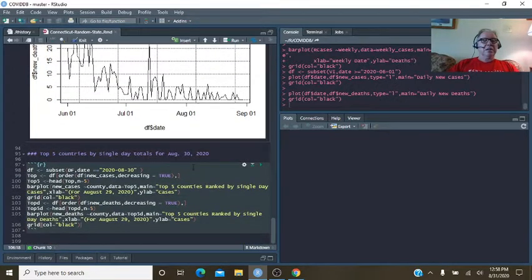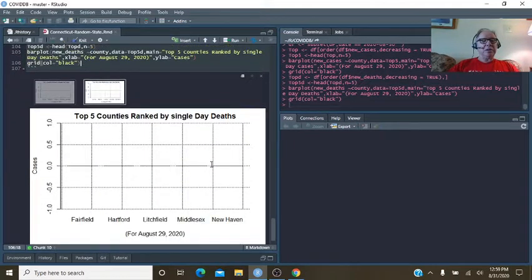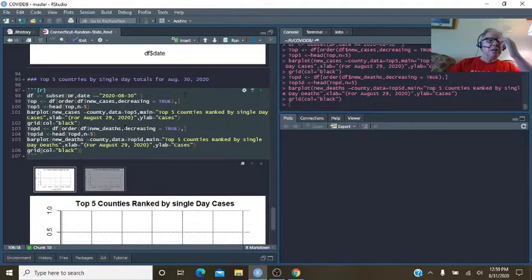Okay. Let's take the top 5 counties and see if this will work. Did I miss something here?